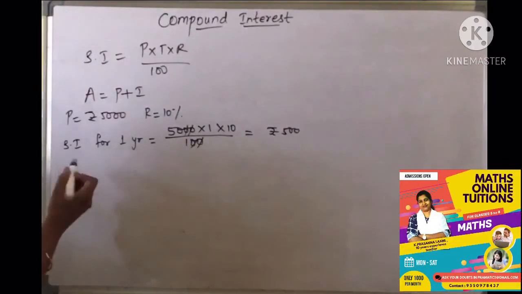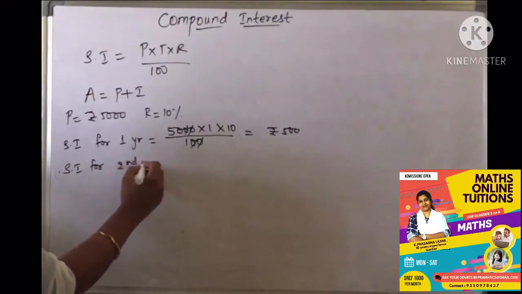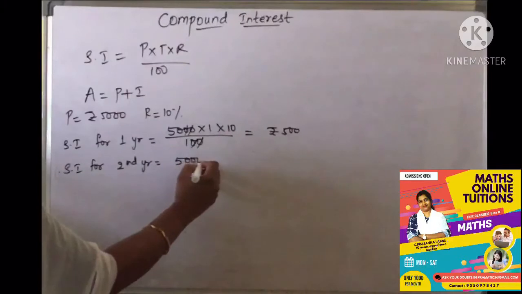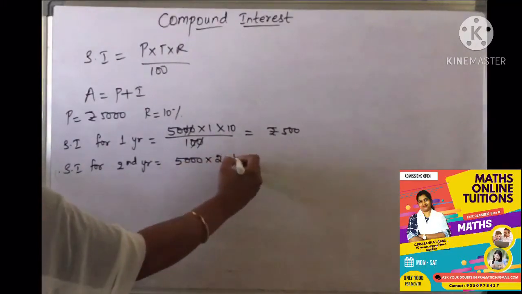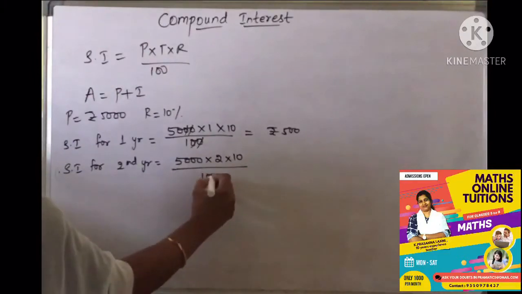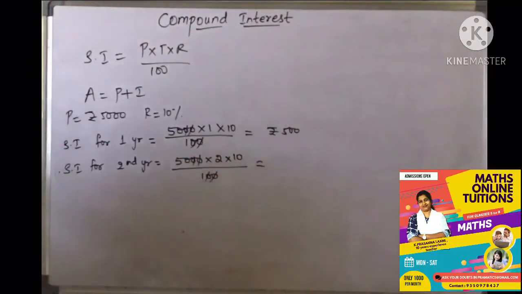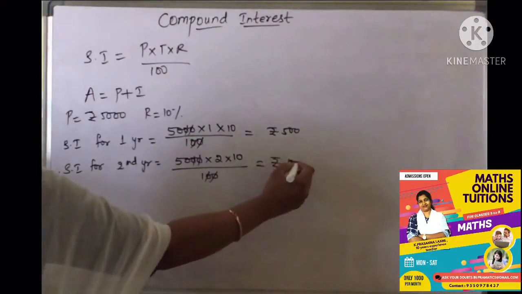Now we will find the simple interest for the second year. 5,000 into time period is 2 years and rate of interest is 10 by 100. When we cancel here, how much, children? 52 is 100. 100 into 10, that is rupees 1000.